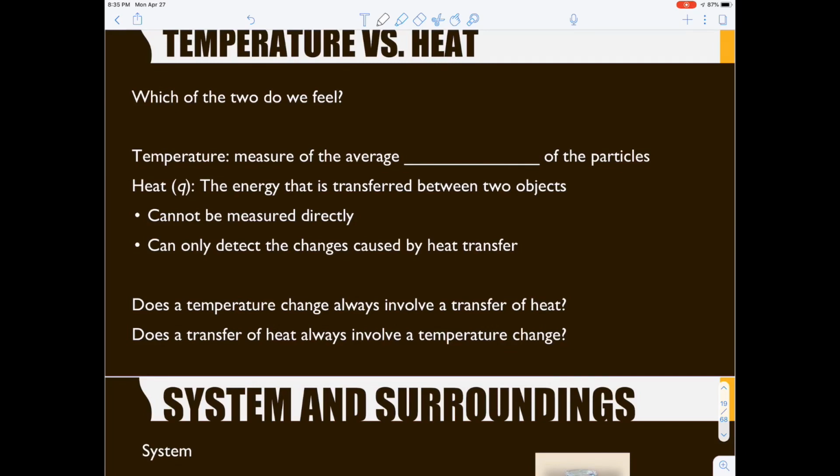Okay, so what you feel when your body changes temperature is because heat is going out of your body or heat is going into your body. For example, Mrs. Abraham has this metal grinder in the classroom where you can grind a piece of metal to make it smoother.